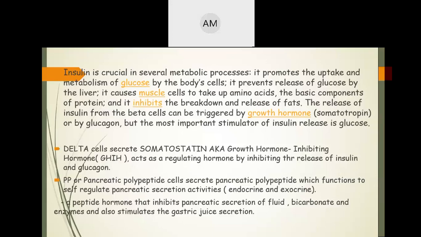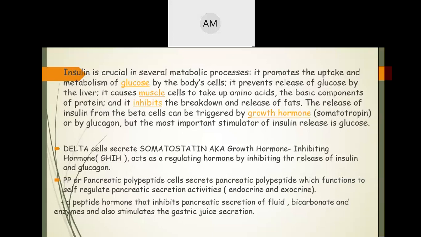For example, if the body is starting to secrete insulin, it won't just continuously produce insulin. There is a regulating factor. For example, if the blood glucose level is 200 and the insulin brings it down to 110, after that, if the insulin secretion continues, the person will go into hypoglycemia.